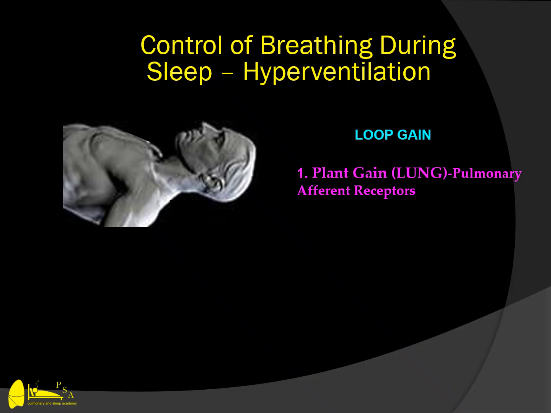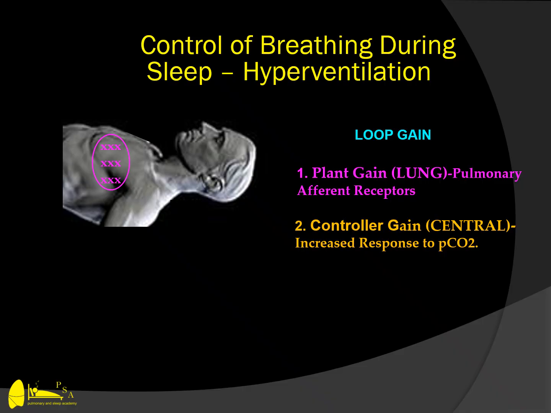And for instance, a lung that has an acute process such as pulmonary edema or inflammation will cause stretch receptors in the lung to send signals to the brain that respiratory drive needs to be increased. I'm not sure why the term plant gain in terms of the name, but lung gain certainly would be more of a tag to remember as far as the term.